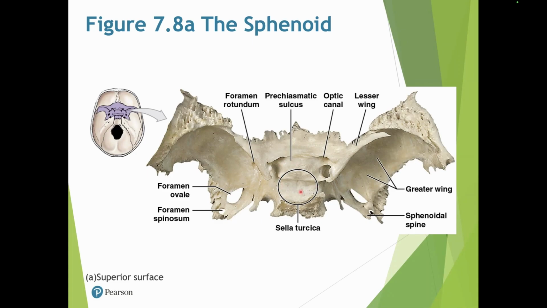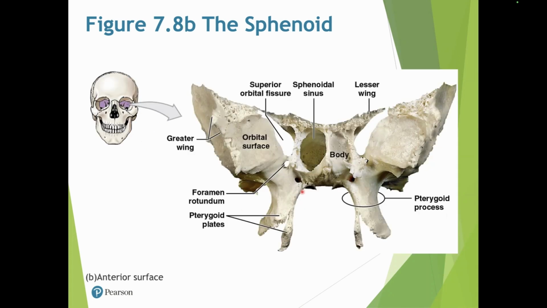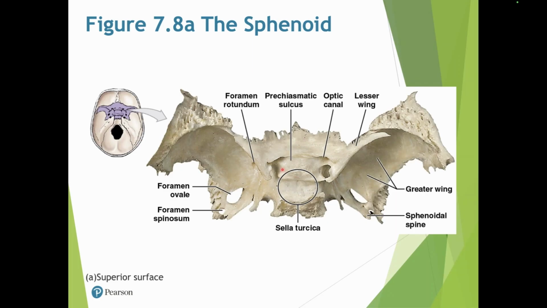It's a little bit hard to see in this direction, but we'll be able to see it in this direction. So I'm going to do this one first. You have your lesser wings, right? You have your greater wing. Kind of see the difference. You have your foramen ovale. It's like an oval shape. Your foramen spinosum. It's a lot smaller, right?